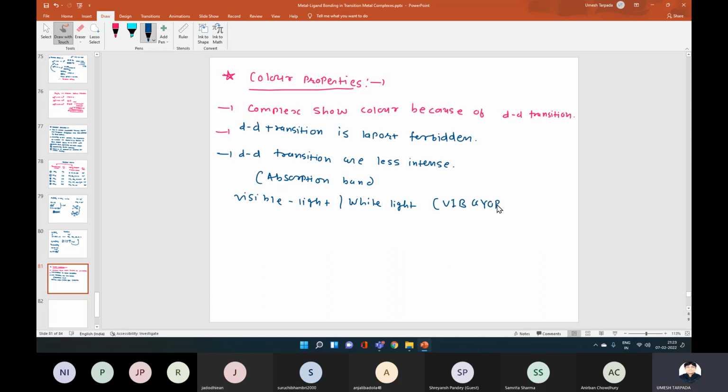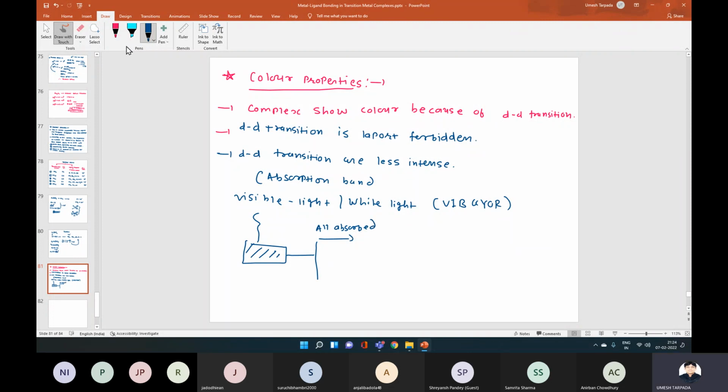The white light is composed of all these colors, that is violet, indigo, blue, green, yellow, orange, and red. So suppose a material is exposed to visible light. So it absorbs all colors. Why are we getting the color spectra?